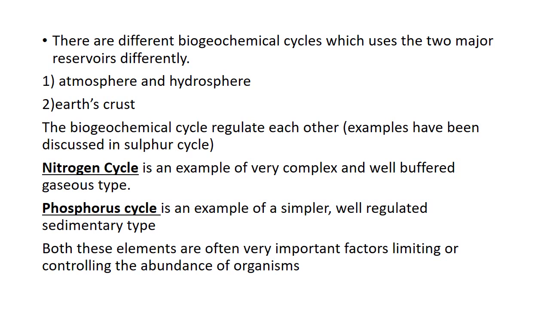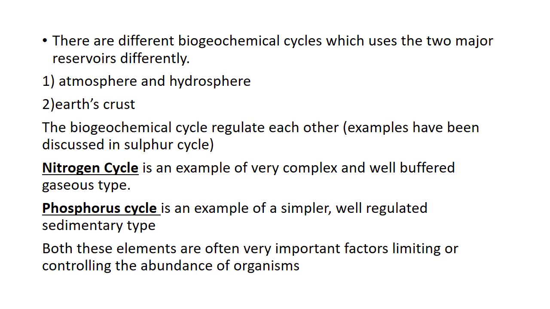They are called unavailable pools not because the elements are unavailable, but because there is a very slow flux of the nutrients between the unavailable pool and the available pool. The available pool is generally at the surface of the crust or the labile portion of the biogeochemical cycle.